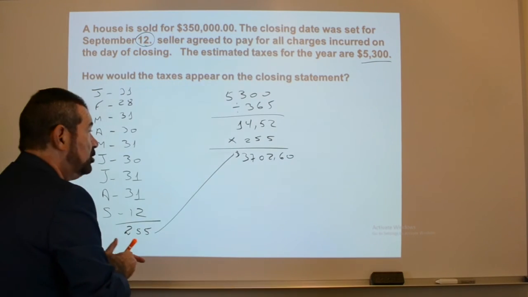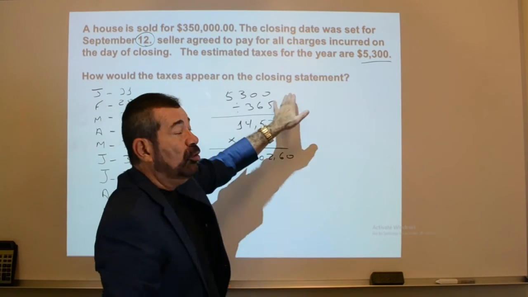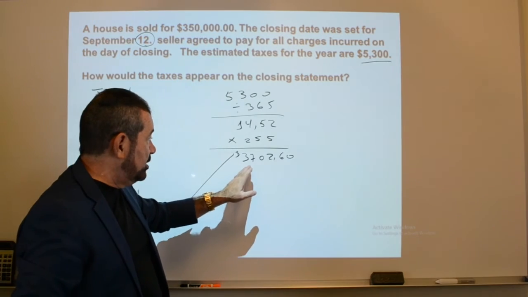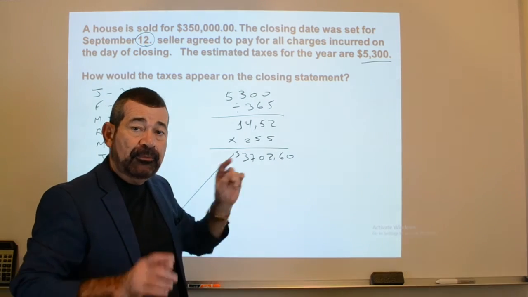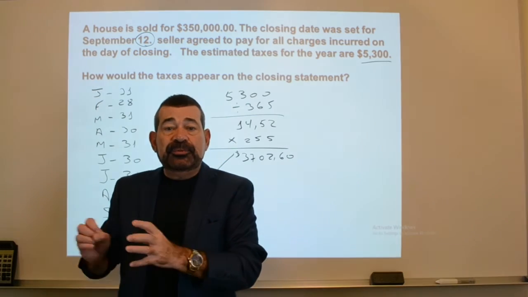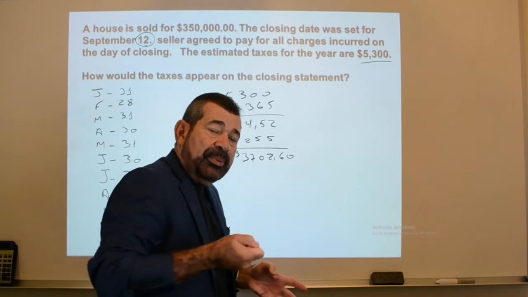Now, we look at the question again and say, how would the taxes appear on the closing statement? Now you already know the number. The number is $3,702.60. But how is that going to appear? Now remember, this money had to come from the seller. If the money comes from the seller, it's debit to seller, because the seller is the one who is paying the money.